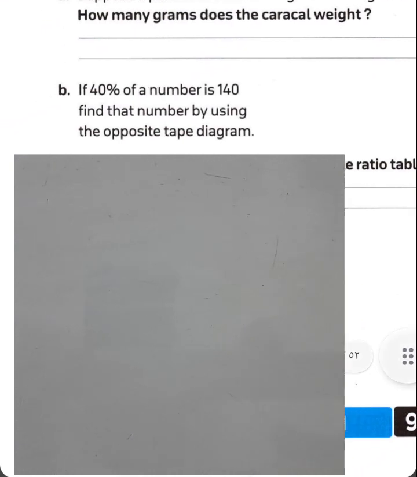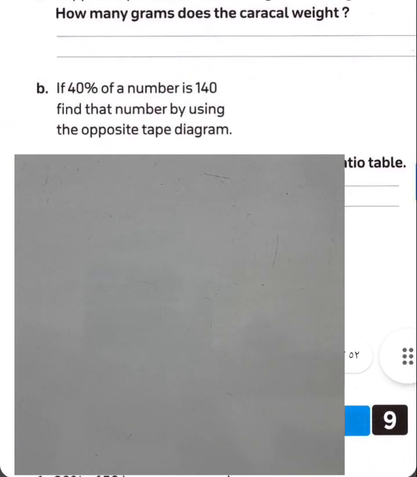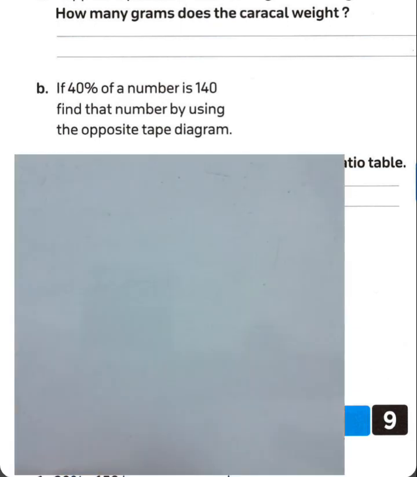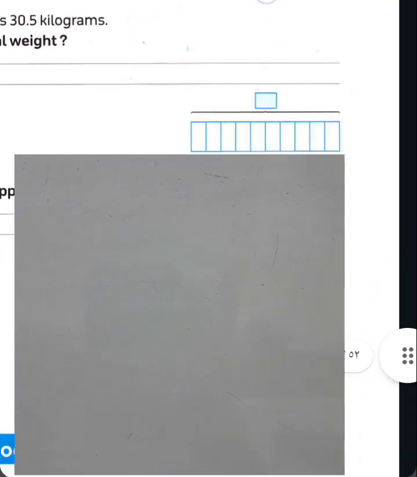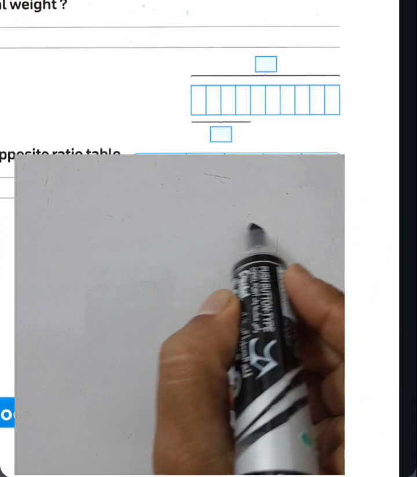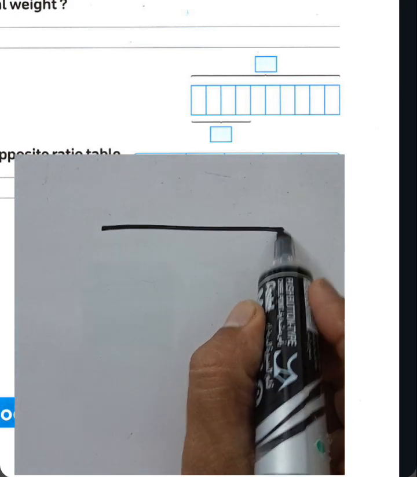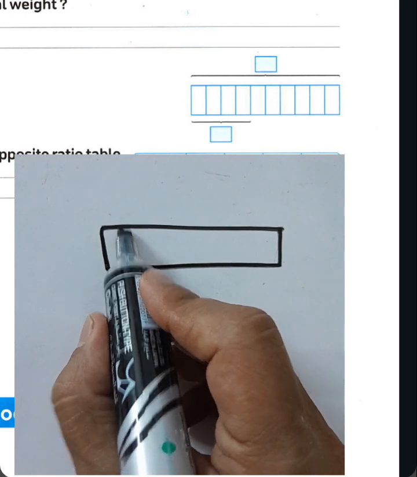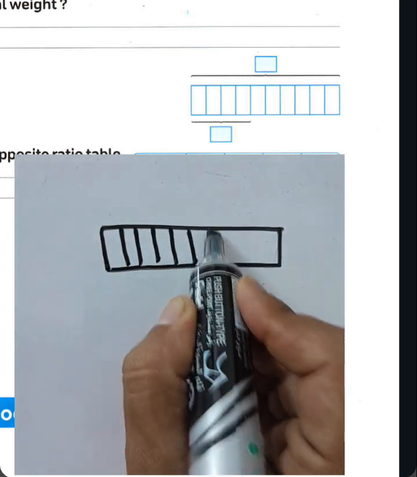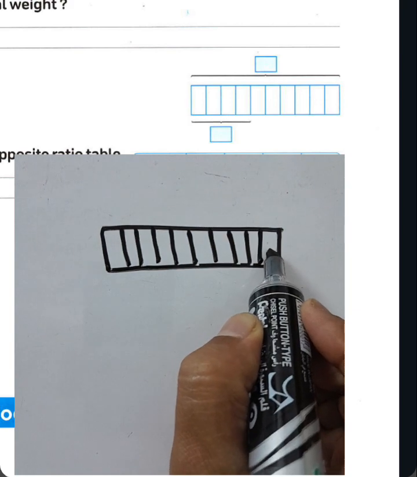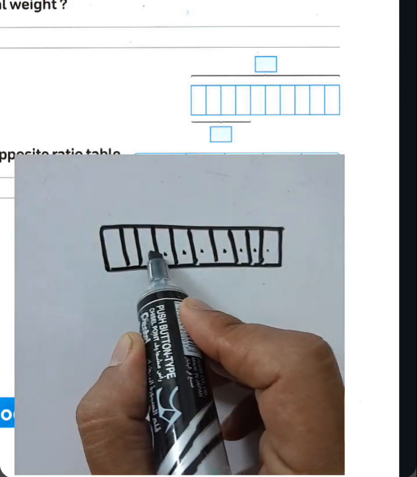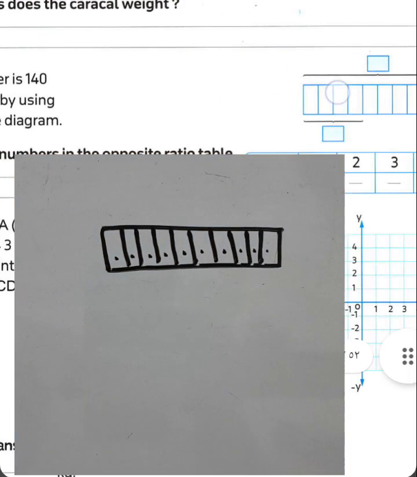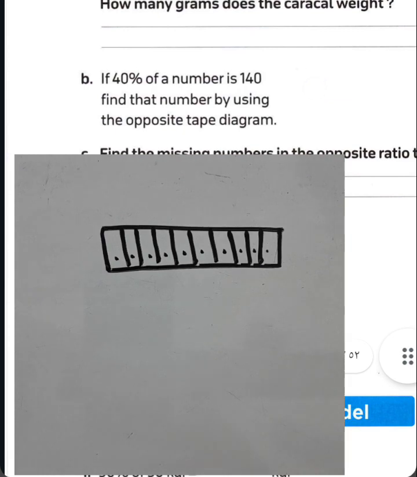Question letter B. If 40% of a number is 140, find the number by using the opposite diagram. Okay. We have a tape diagram divided into 10 parts: 1, 2, 3, 4, 5, 6, 7, 8, 9, 10. And we want to find 40% of 140.